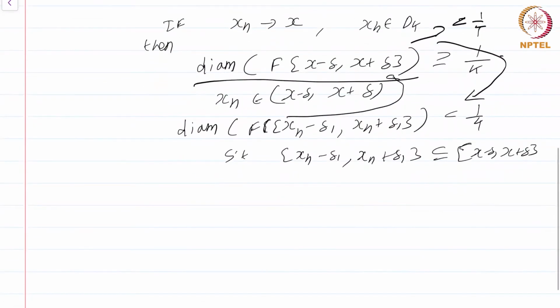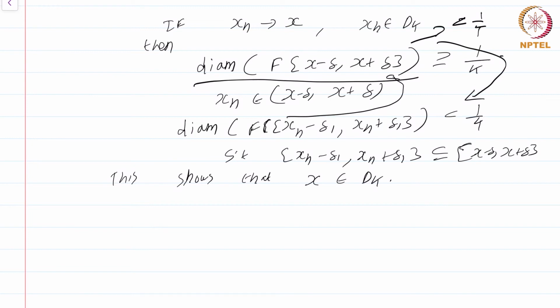So this shows that x must also be in D_k. The oscillation at the point x cannot be less than 1 by k. If it were, then the points x_n, which are very, very close to x, would also have oscillation less than 1 by k, which is simply not allowed.